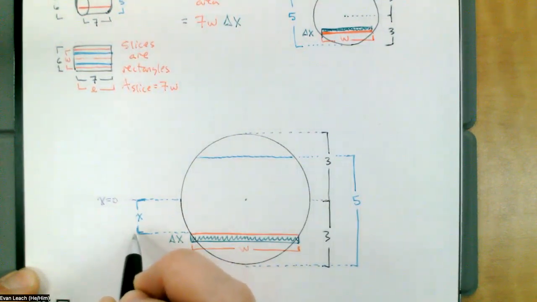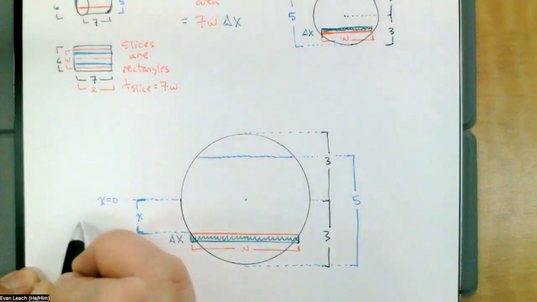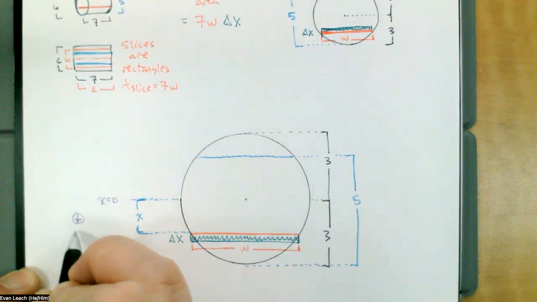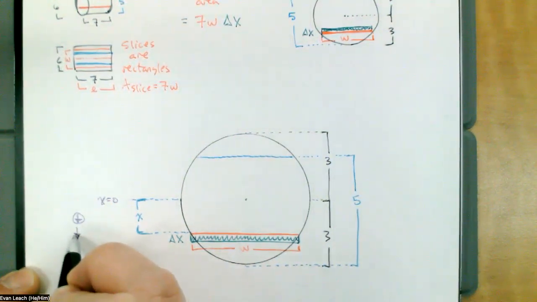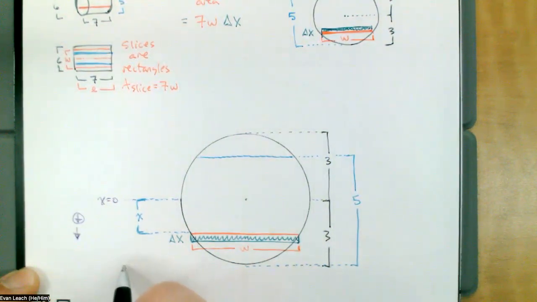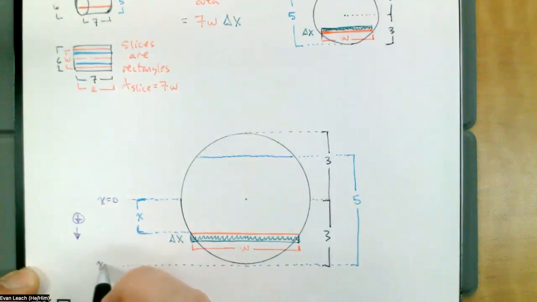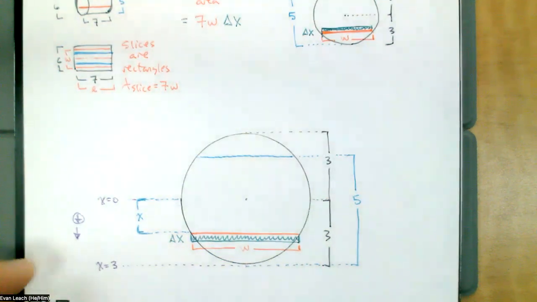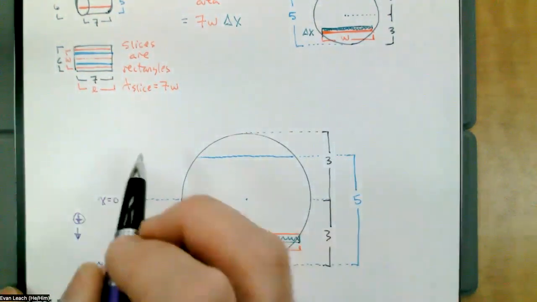We have decided the positive direction. And in this case, positive is the down direction. So down here at the bottom of the tank, X is equal to 3. Up at the top of the tank, X is equal to -3.